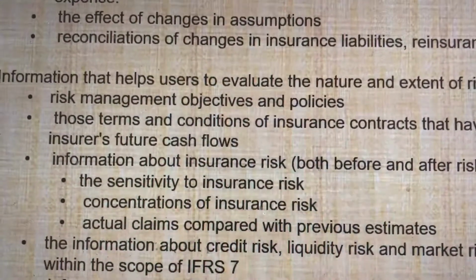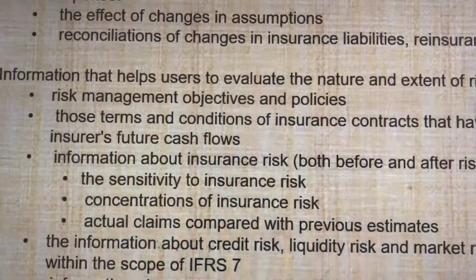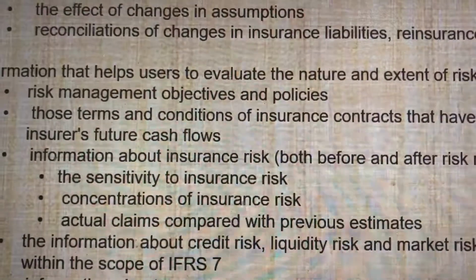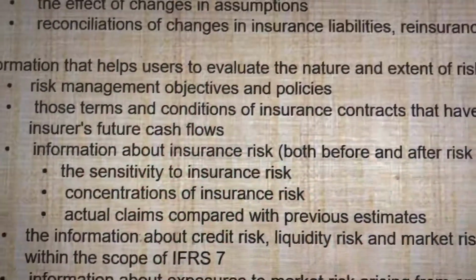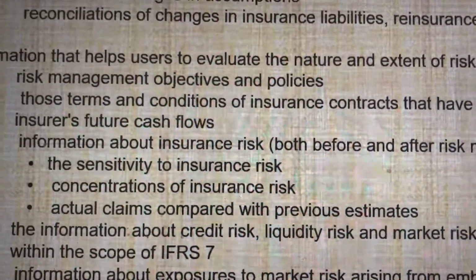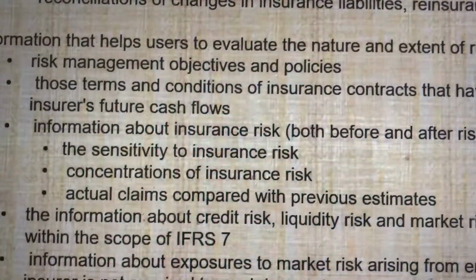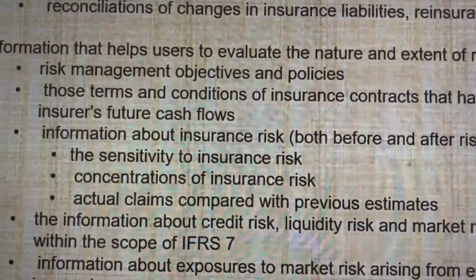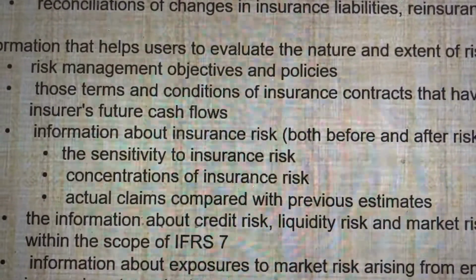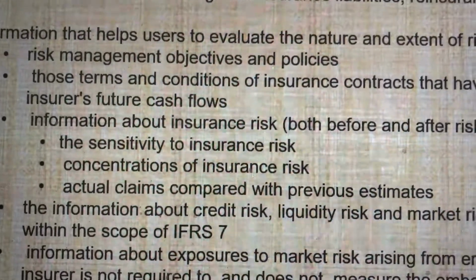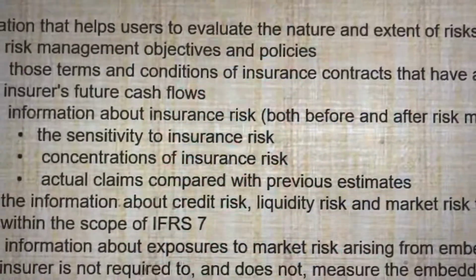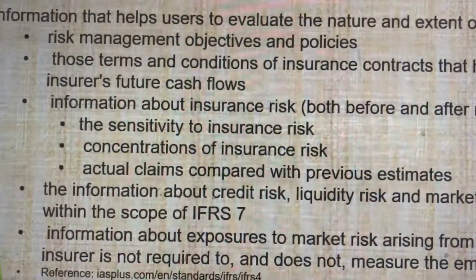So the risk management objectives and policies, those terms and conditions of the insurance that have a material effect on the amounts, and also the information about the insurance risk, including the sensitivity of the insurance, the concentration of the insurance risk, and the actual claims compared with the previous estimates. And the information about the credit risk, liquidity risk, and market risks must be disclosed to the users.